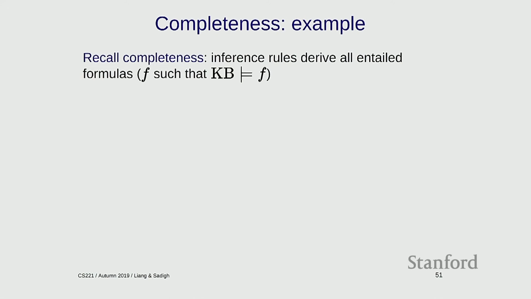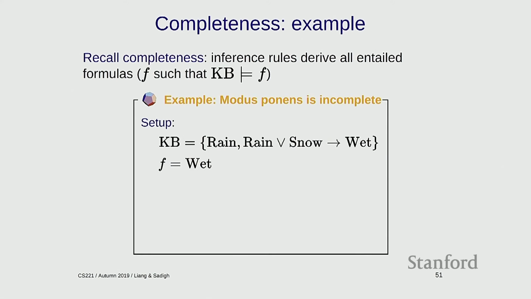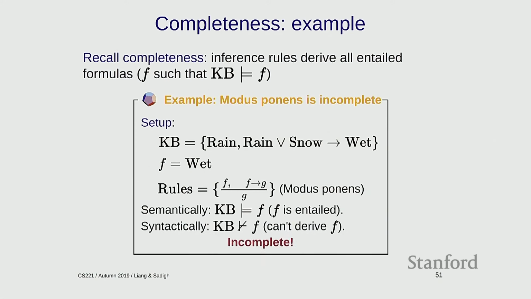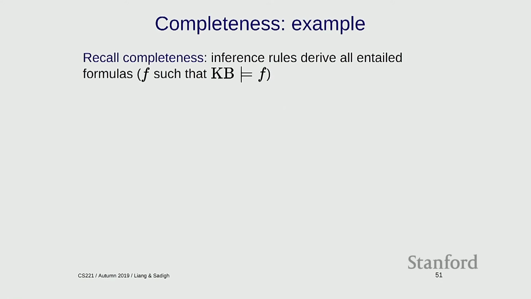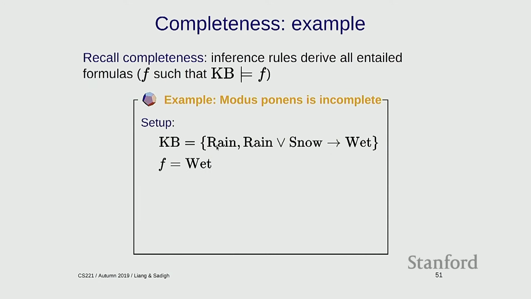Now completeness is a different story, which I'm not going to have time to really do full justice in this class. But here's an example showing modus ponens is incomplete for propositional logic. Here we have the knowledge base rain, and rain or snow implies wet.